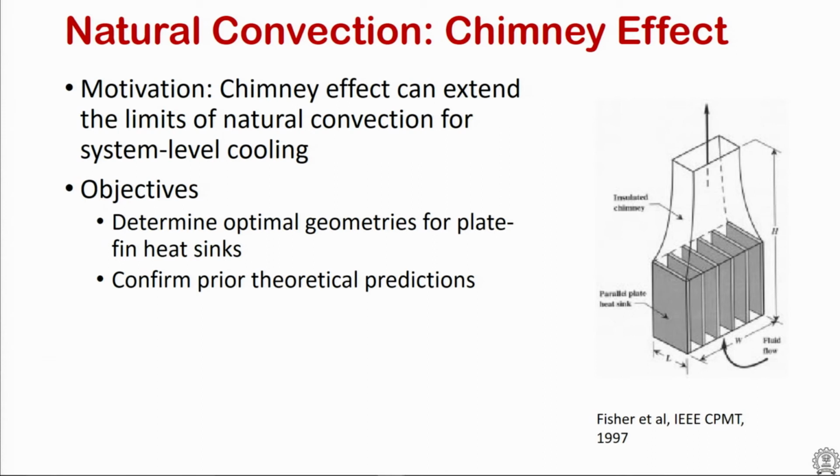The idea is, because we know that chimneys increase the velocities, can we use the velocities prudently so that the overall heat transfer from the parallel plates is improved for the same temperature driving force? If the temperature difference between the plate and the inlet is the same, can we increase the heat transfer by placing a chimney on it, and what should be the spacing between the plates?